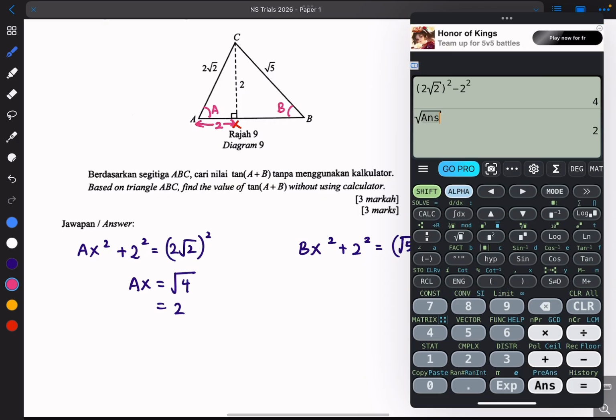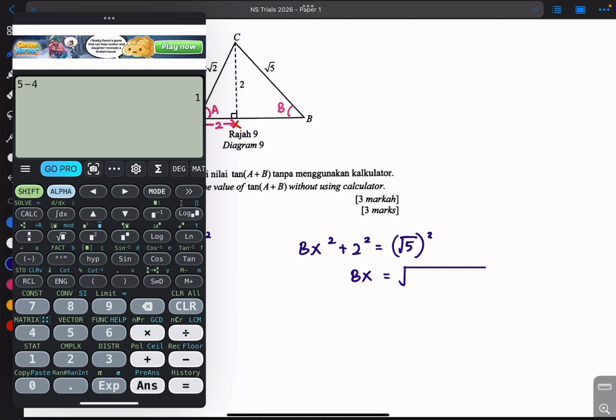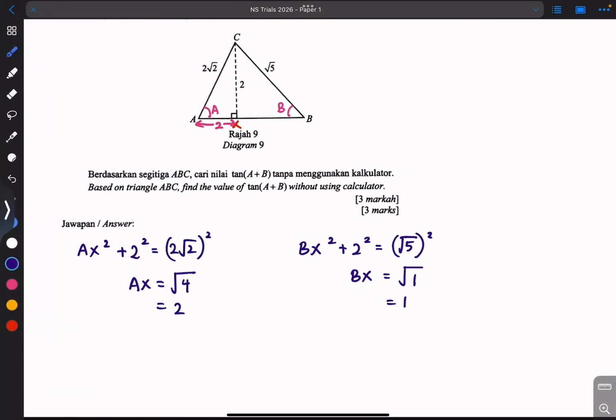Then this side, BX will be the square root of root 5 squared, which is just 5, minus 2 squared is 1. So this is square root of 1, which is just 1. So BX is 1. That should be correct. Even though it doesn't look like it makes sense, apparently that's 1 and 2.